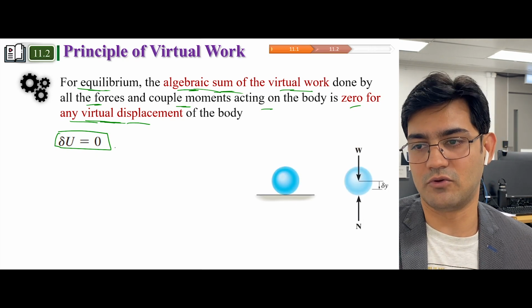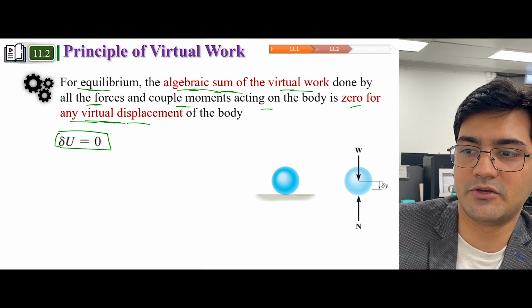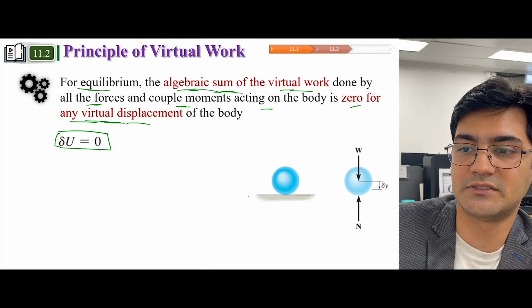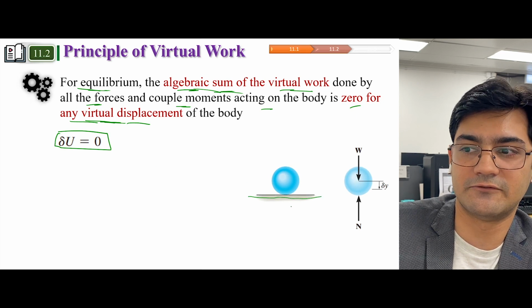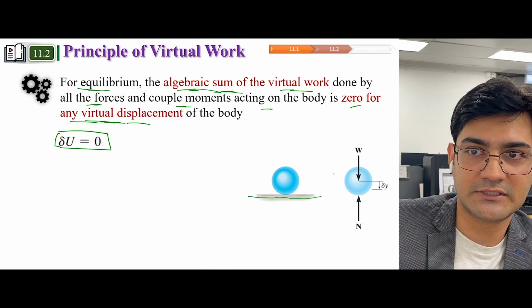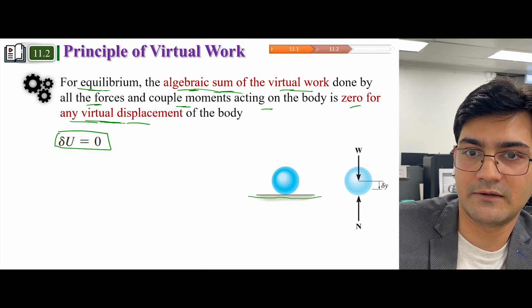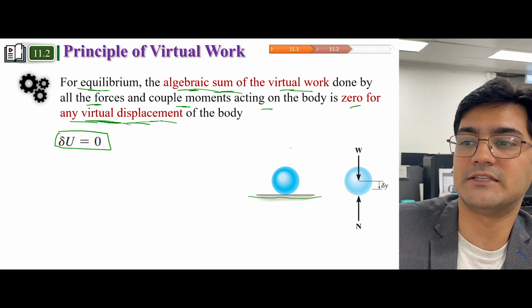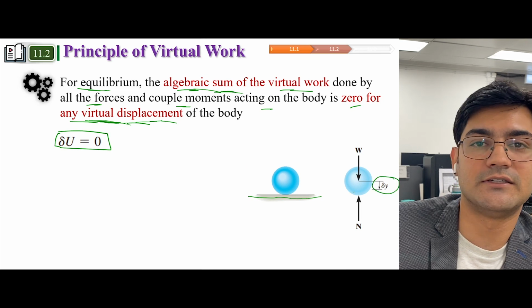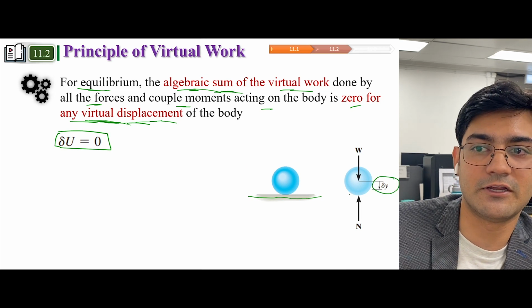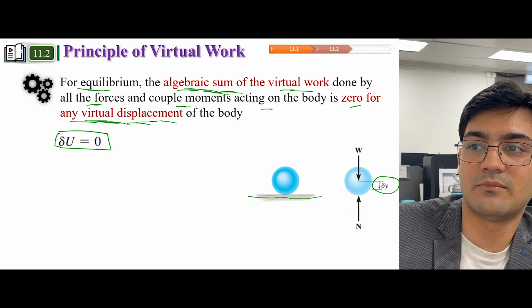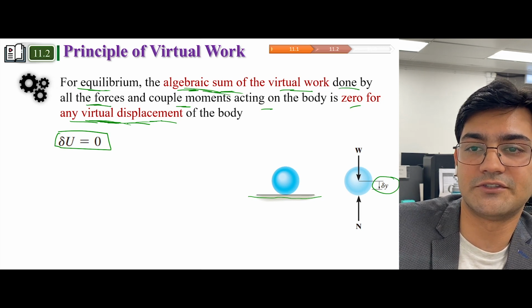Let me give you an example. For example, you have a body which is on a surface. Now, this principle of virtual work says that we have to apply a virtual displacement. So we have applied this virtual displacement vertically, and then we have to see the algebraic sum of virtual work done by all forces and couple moments.